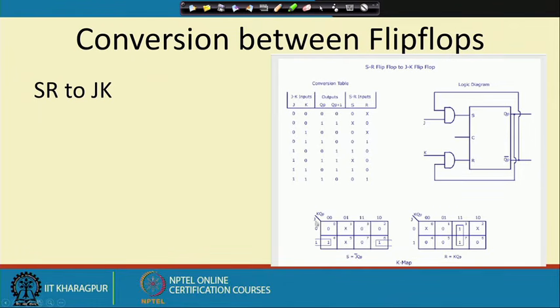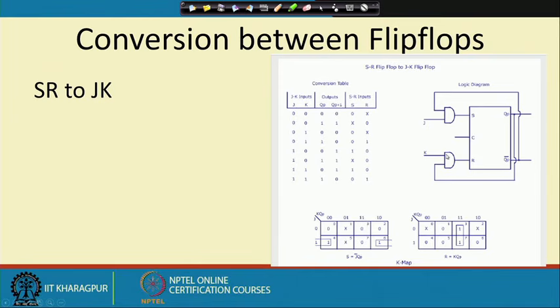Now, we make Karnaugh maps that have the inputs J, K and QP, and the outputs S and R. For S we make the Karnaugh map here and for R we make the Karnaugh map here, and after simplification it turns out that S equal to J QP bar and R equal to K QP. So, if you simplify, you will get it like this.